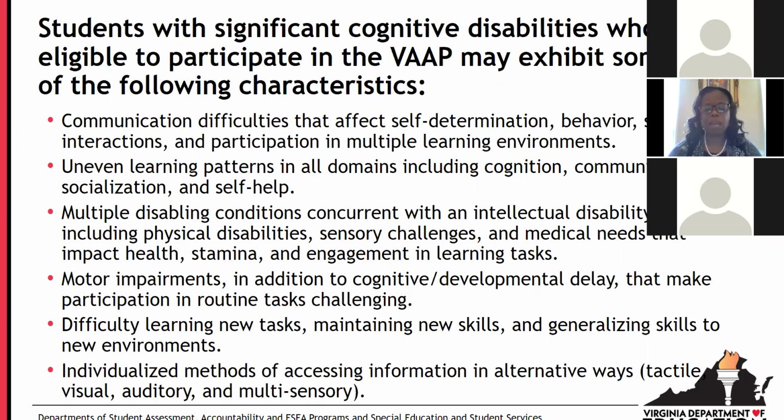Students may have alternative ways to access and process information that may span a tactile method, a more visual method, an auditory method, or a multisensory method. So we see all of these characteristics that may be present with this population of students.